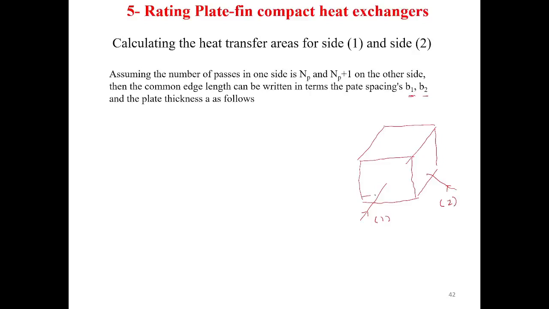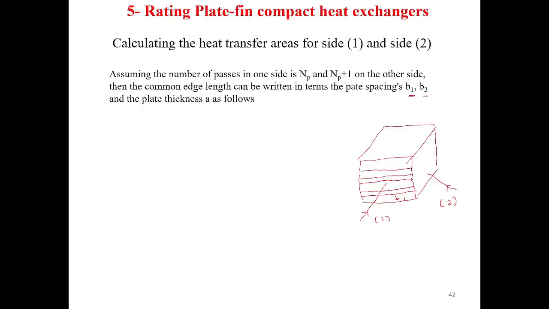and if we assume that the plate spacing between the plates is given by, for example, b1 for this side. Let me do something different so that it will show the idea. This is small here, and then a big one, and small and a big one.